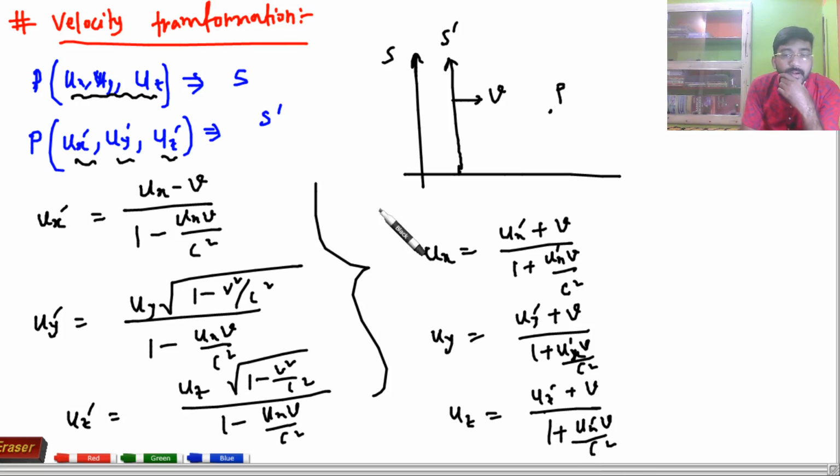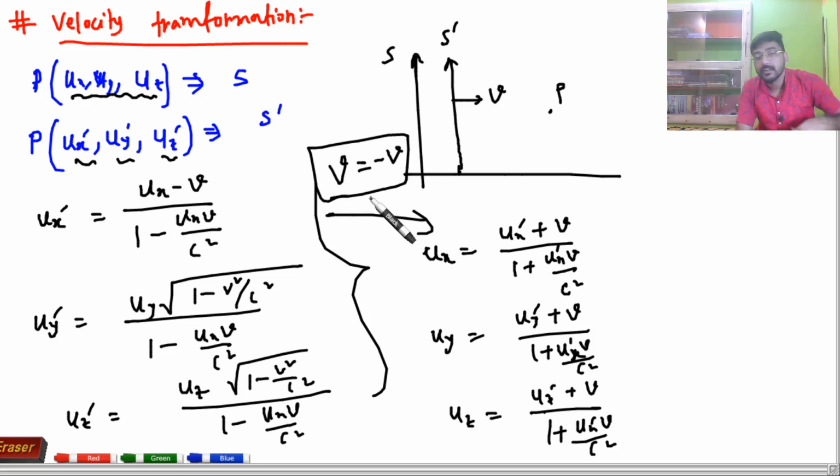So when you want to do the inverse transformation from the transformation relation, we will just put v as minus v, all will be the same, and you will have to put dashes on the right side, because we want to get ux in terms of ux dash, and here we want to get ux dash in terms of ux.